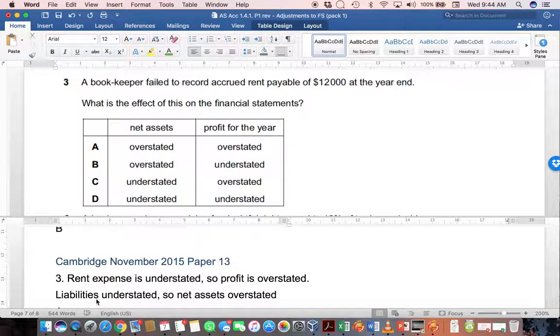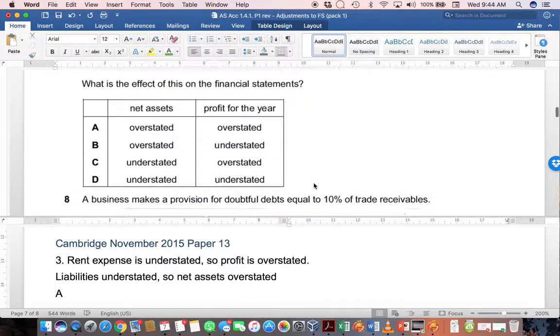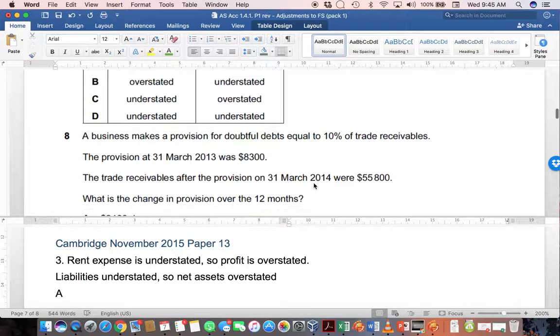So because we didn't, our liabilities are understated, and that means that our net assets, in other words, assets less liabilities, would have been overstated. So you look for an option where both are overstated, and you can see A would be the one that we could choose.